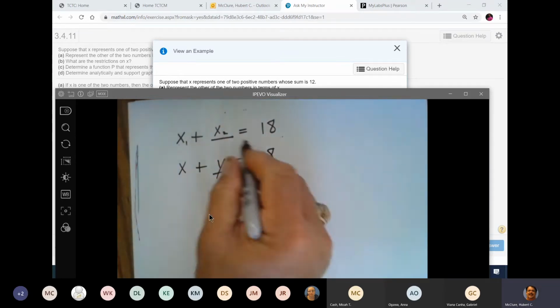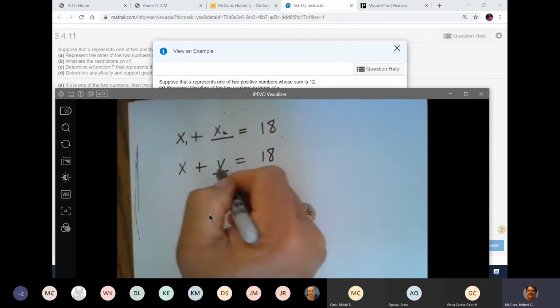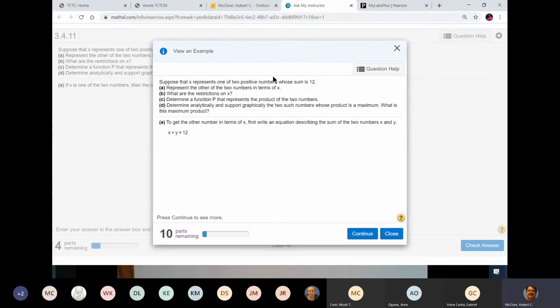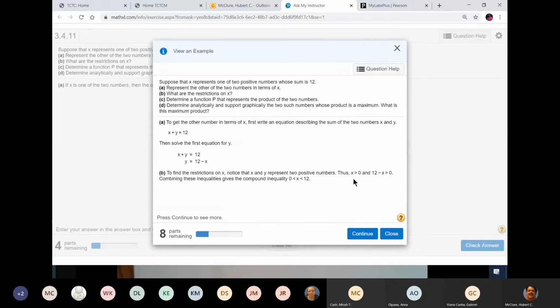Okay, so instead of x plus x sub 2, you need to put x plus y. What are the restrictions on x? And solve for y. What they're doing is domain and range, but they're going about it all the wrong ways.